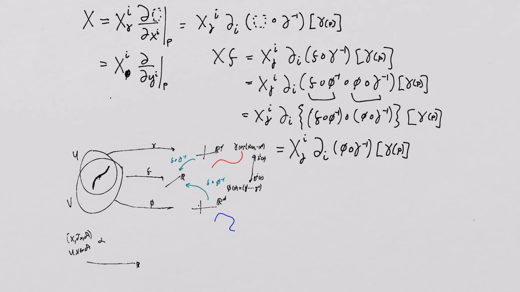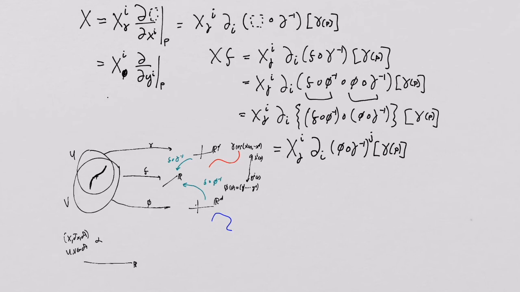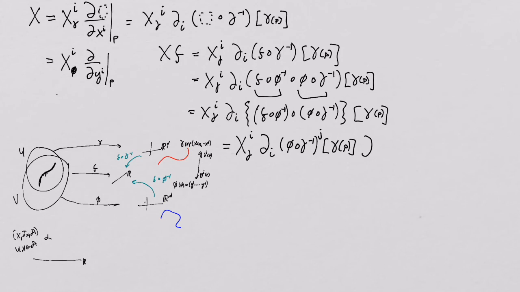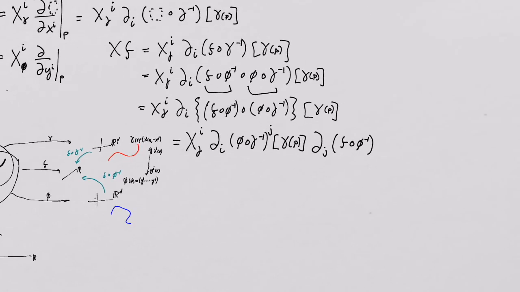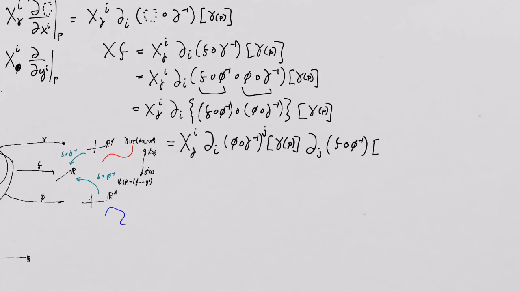Hold on. Yeah, right, and then this is the jth component of that thing, because we need that to tie to the derivative with respect to the jth entry of the outer function, which is f composed with φ⁻¹, and f composed with φ⁻¹ has to act on the inner function evaluated at this point here at the end. So that's going to be φ composed with γ⁻¹ at γ(p), like that.